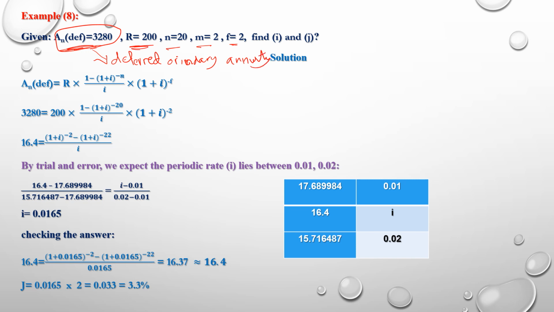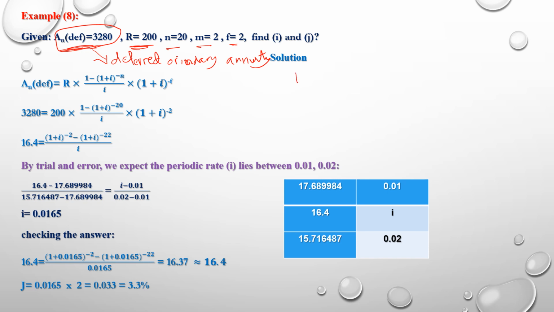And R is the ordinary annuity. N equals 20, so we have a 20-payment deferred annuity, an ordinary one. M is 2, so these annuities are paid twice a year. F is 2, so these annuities are deferred for a year.